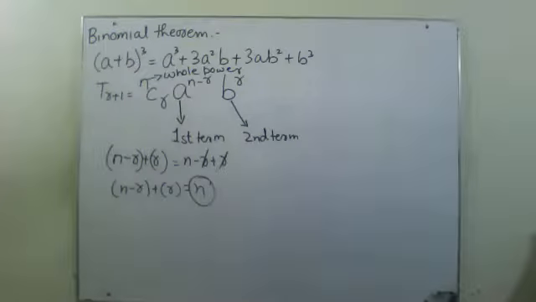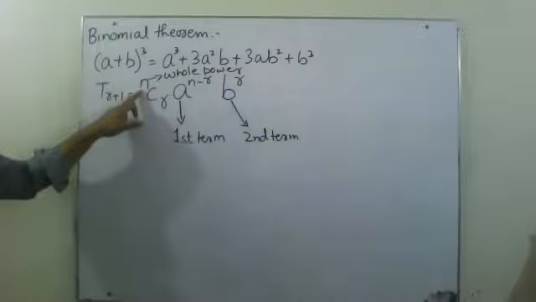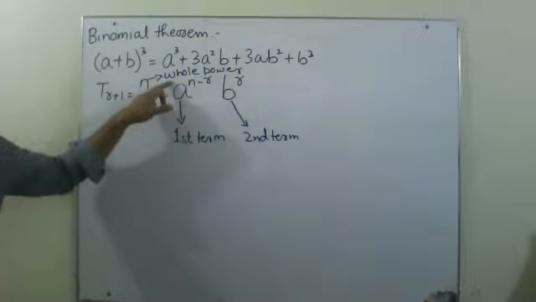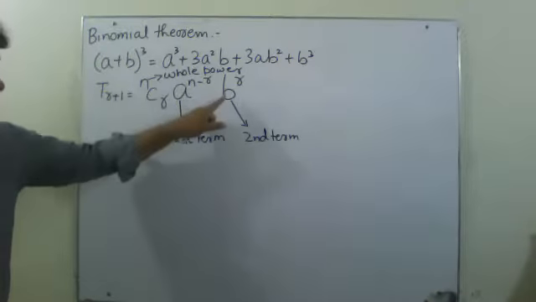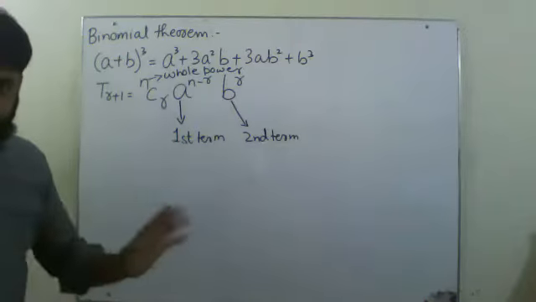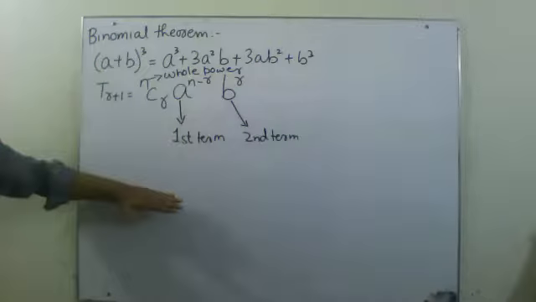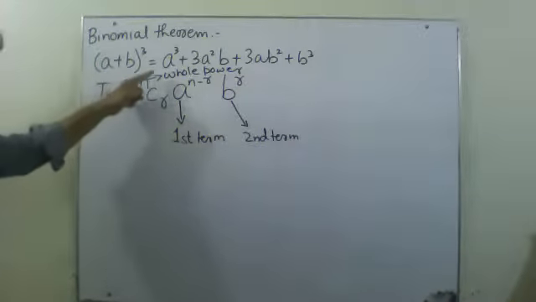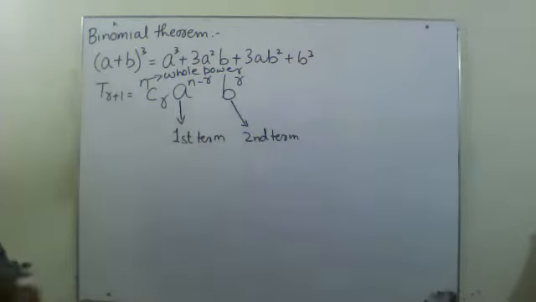Now I have explained that n will always represent the whole power, a is the first term, b is the second term. Now let's write this down and compare it with this one. This nCr, the combination, is what we will use when we work with unknown whole powers.